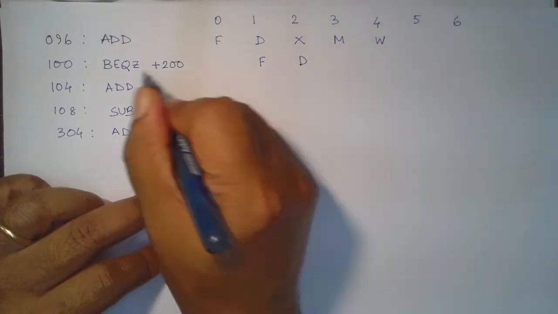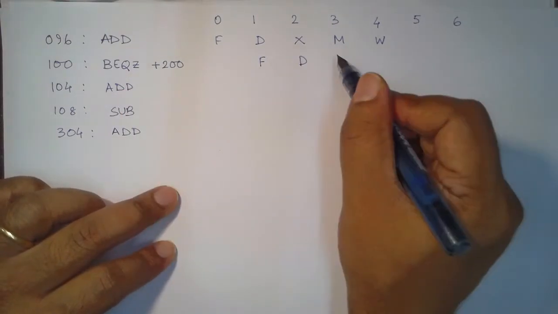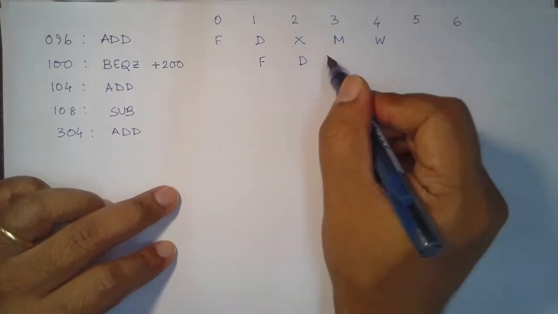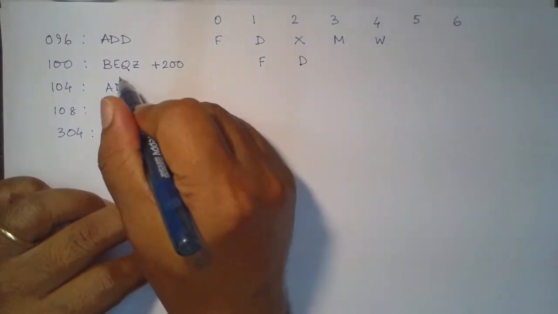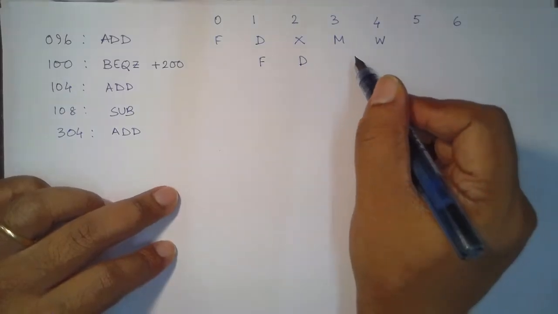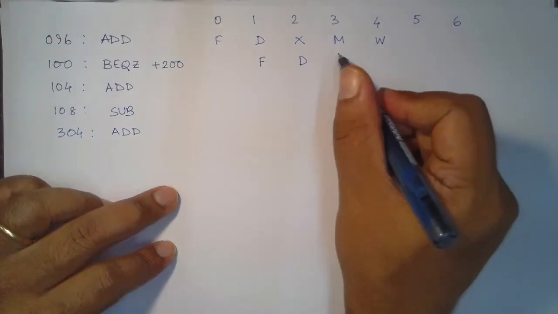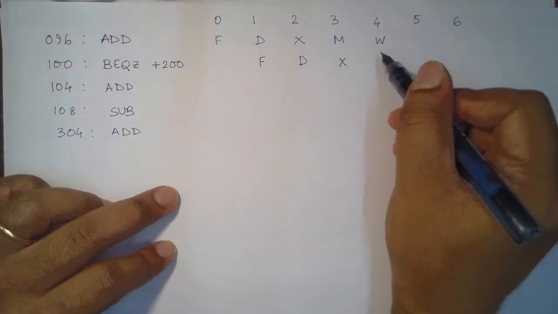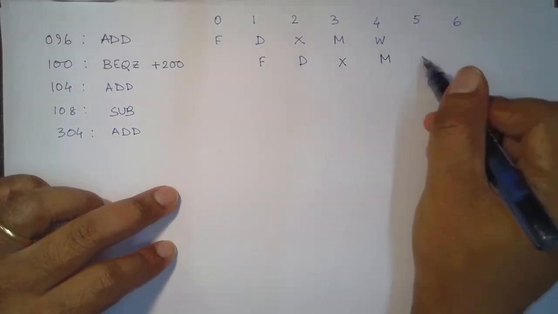Now in this decode stage, we can read the opcode and figure out that it's a branch if equal, but remember that the outcome, whether the flag is equal to 0 or not, will be determined at the execution stage only, right? And then you have memory and write back.